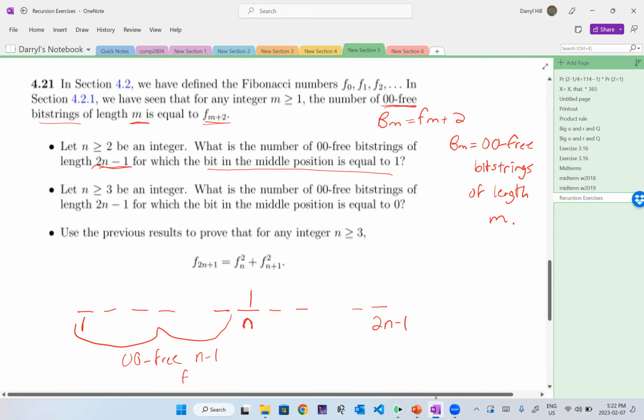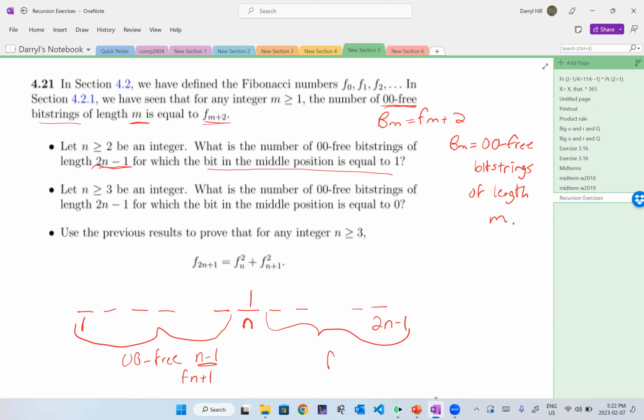So this is f of n plus 1. So the number of 00-free bit strings that I can put there is equal to the n plus first Fibonacci number, right? Because this has n minus 1 locations, and this one also has n minus 1 locations. And again, I have no restriction. So this is also equal to the n plus first Fibonacci number.